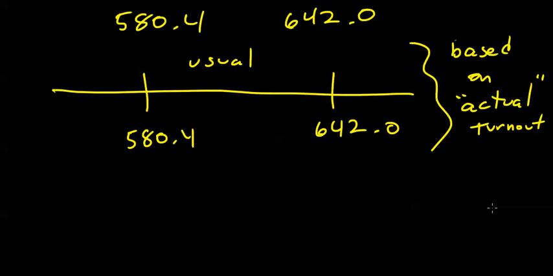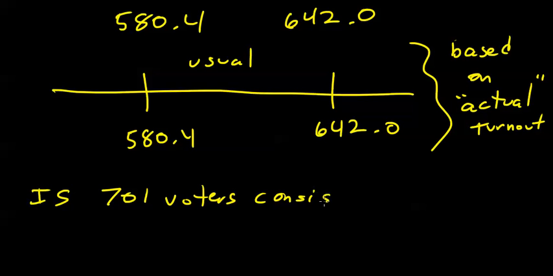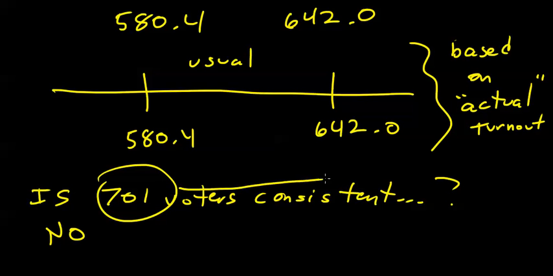All right, so clearly, is the claim of 701 voters consistent? And of course we say no, because 701 clearly lands to the right of the upper boundary here, and we claim it is unusual based on guidelines given by the author.